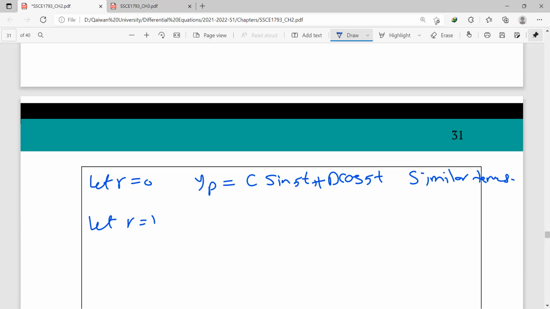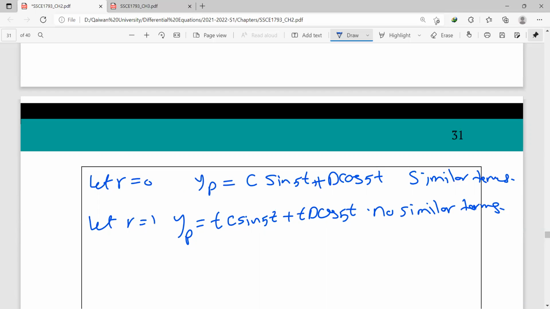We now choose r to be 1. We say yp equals t times c sine 5t plus t times d cosine 5t. In this case, we have no similar terms.